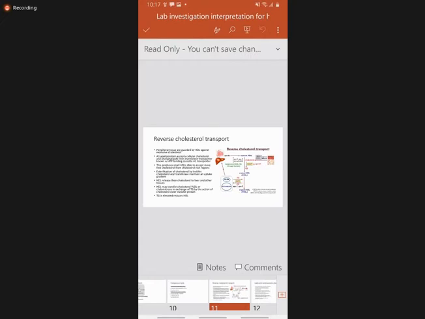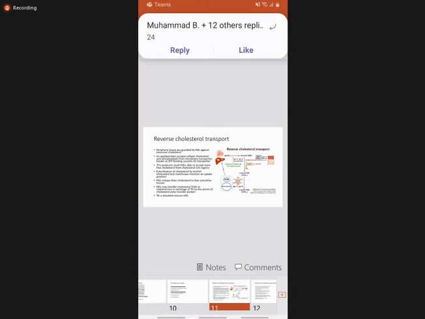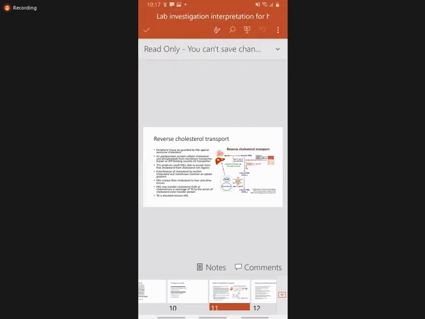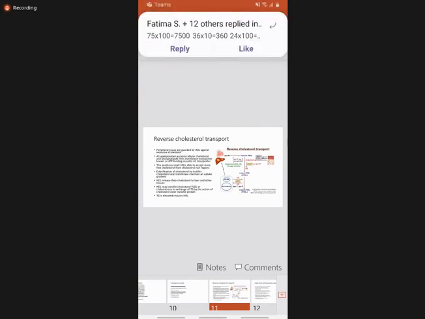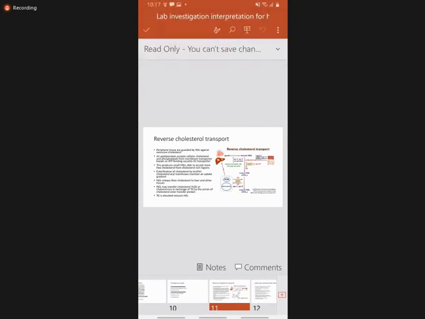Now this is taken up by this A1 apolipoprotein that accepts the cholesterol and the phospholipid from this ABCA1. It will accept the cholesterol from all peripheral tissue through this ATP binding cassette A1 transporter. Now this produces a small HDL, the nascent HDL.